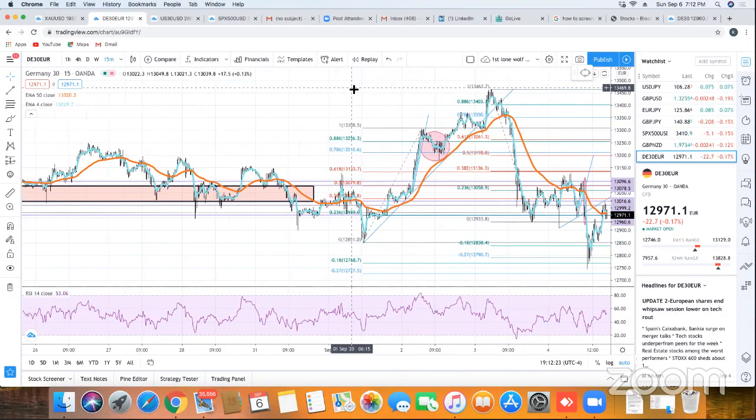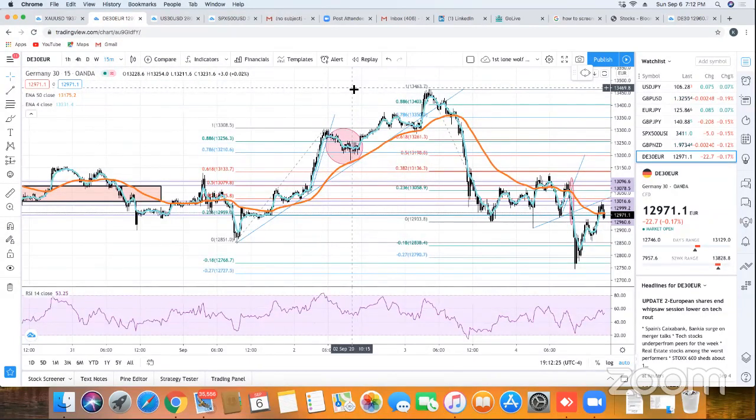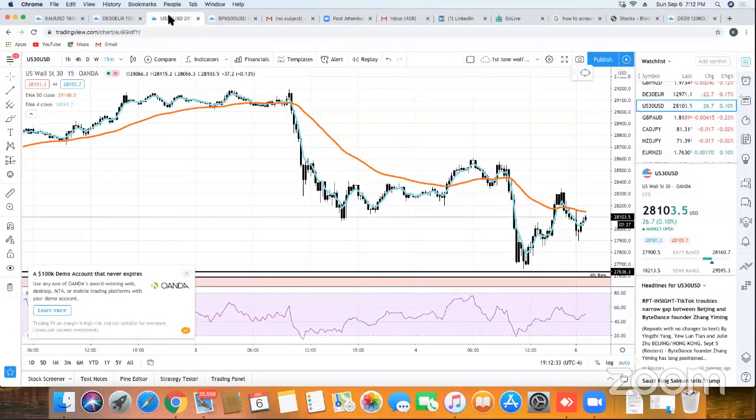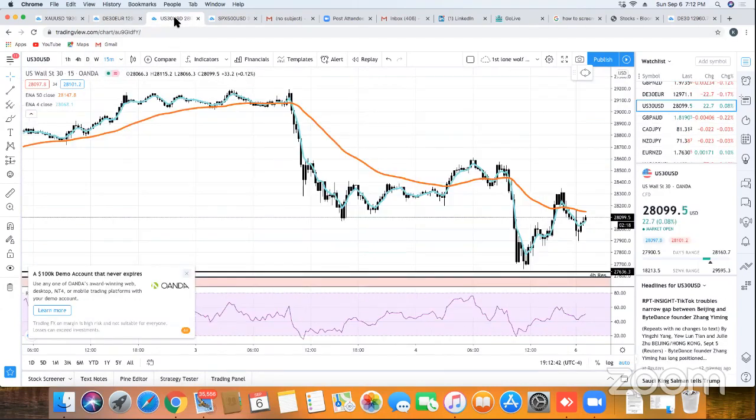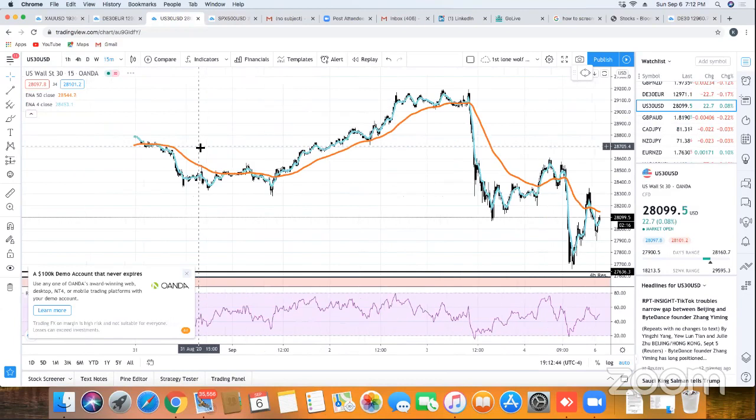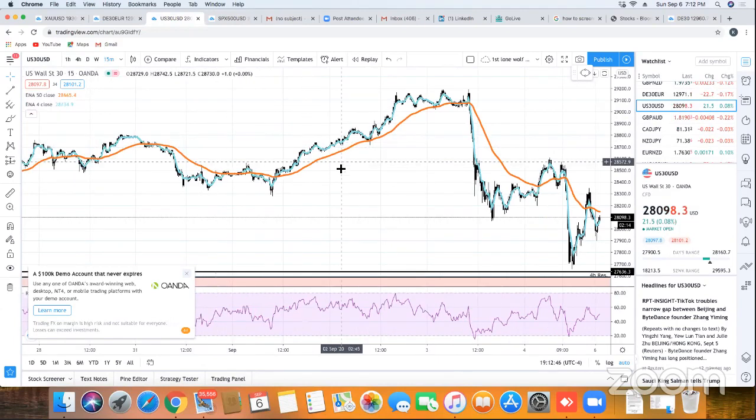Right. Now, one thing that I've learned in the past is that the indices together kind of move in sync at times. So after I've looked at my German 30 chart and I've gone through my time frame analysis, I'll peek over at US 30 and see what US 30 is doing. Because sometimes they'll give me a tell of what's going to happen. Sometimes. Because sometimes they will move opposite. Sometimes they will correlate.